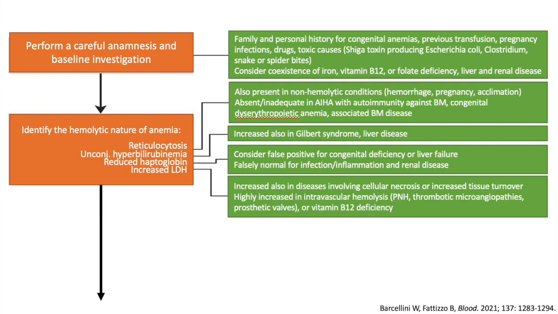Then we focus on the hemolytic nature of the anemia by evaluating the single markers of hemolysis: reticulocytes, unconjugated bilirubin, reduced haptoglobin, and increased LDH. But as we can see on the right part of the slide, in the green boxes, all of these hemolytic markers have some confounders. For example, unconjugated hyperbilirubinemia may be observed even in Gilbert syndrome, or in patients with liver cirrhosis or liver disease.